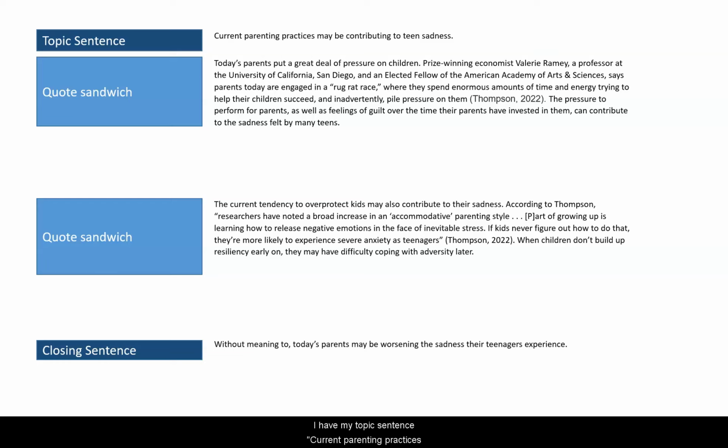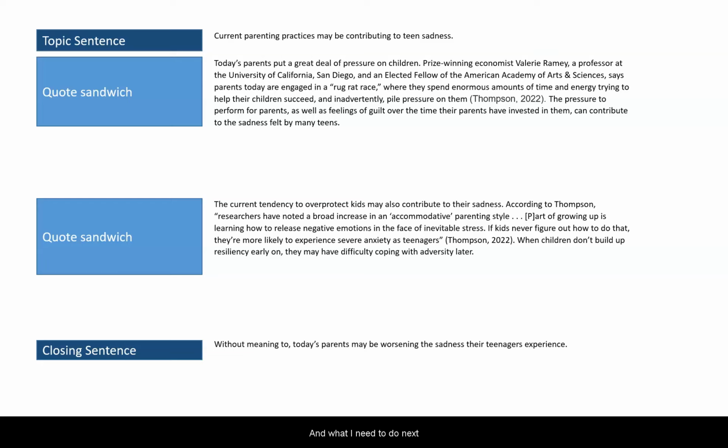My topic sentence says current parenting practices may be contributing to teen sadness, and down here, without meaning to, today's parents may be worsening the sadness of their teenagers' experience. So I've got the topic sentence, I've got my couple of quote sandwiches, and a closing sentence.